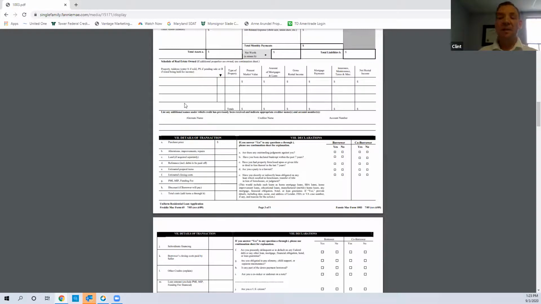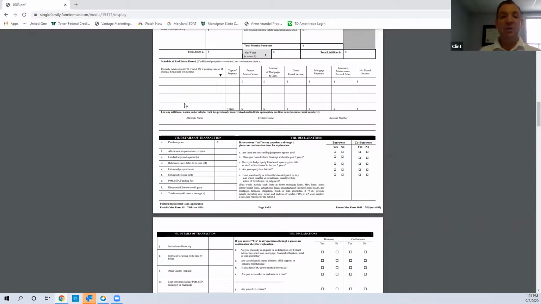And then another thing that I've been asking about as well are timeshares. So even if you own a timeshare, let me know if you own a timeshare. Those are two things, properties without mortgages, actually land, and then timeshares, that a borrower may not normally think about when we ask about real estate owned.